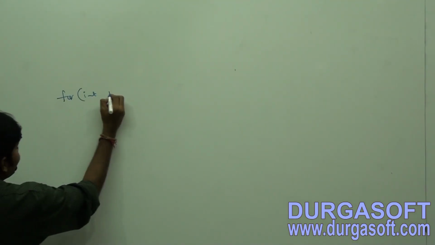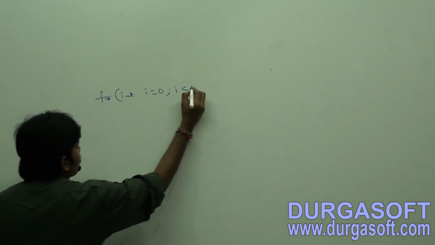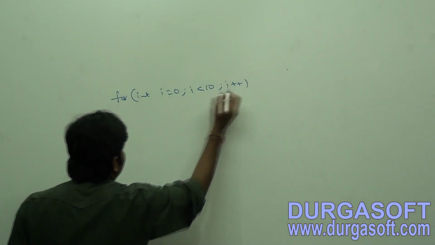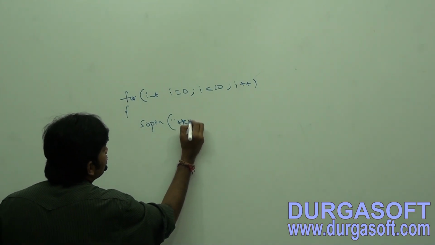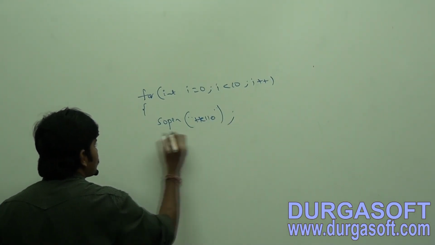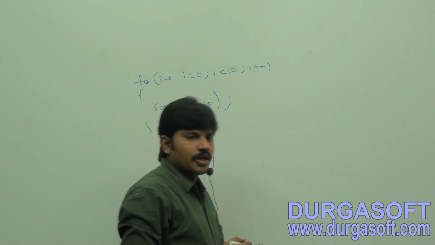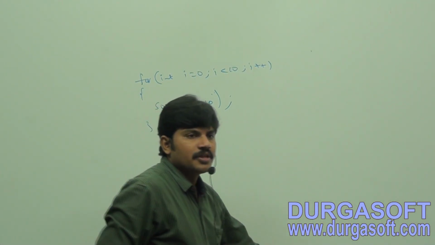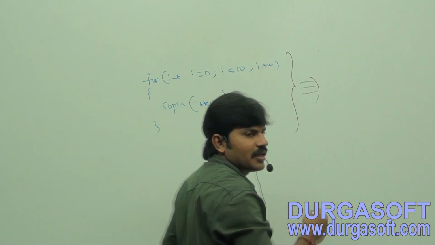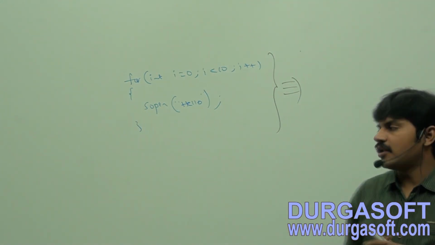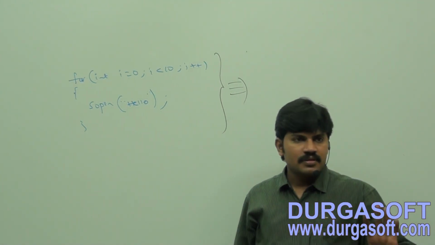Now, I have one requirement. Sir, my requirement is for int i = 0, i < 10, i++, System.out.println of hello. Hello like this. Can you please write an equivalent for each loop for this? Sir, hello will be printed how many times? 10 times.